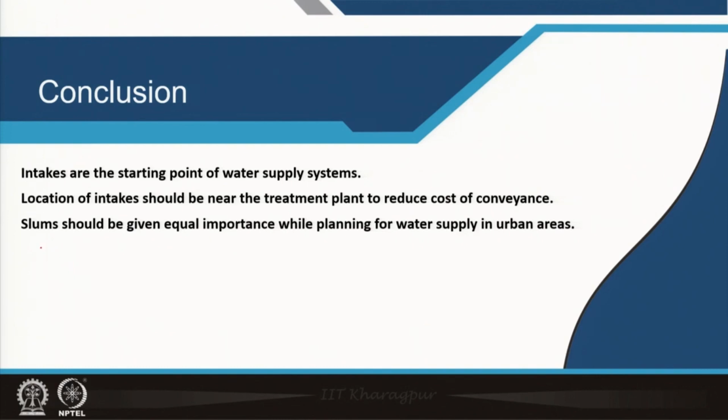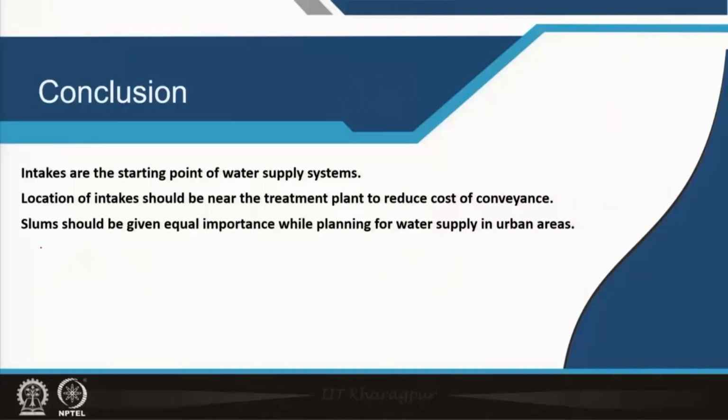If we are not providing tap connections directly into slums, either for legal or technical reasons, that leads to a lot of coping costs for the slum dwellers. So, this has to be taken care of.